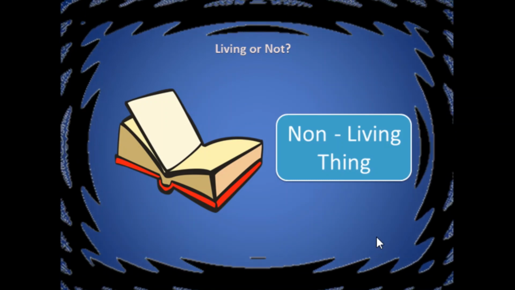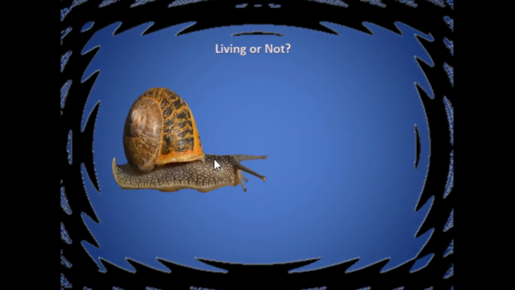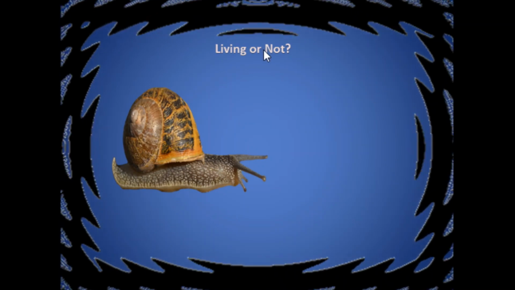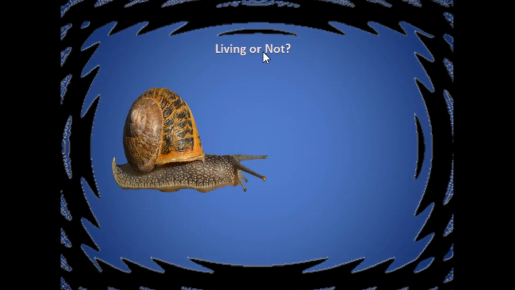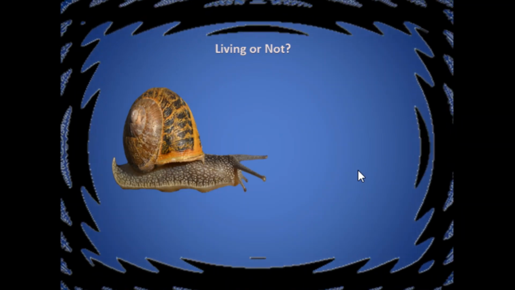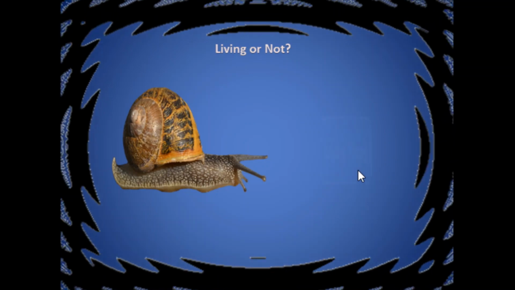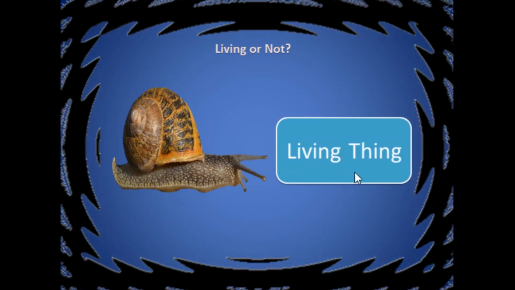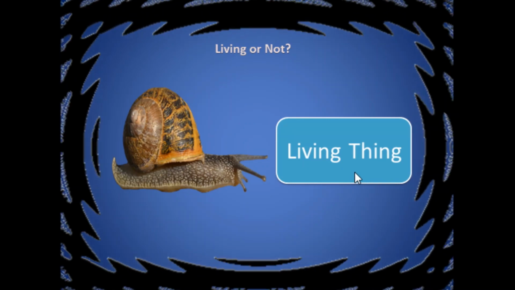It's a non-living thing. Next, how about this snail? Is this snail living or not? What's your answer? Very good. It's a living thing. Great job, because snails do move.